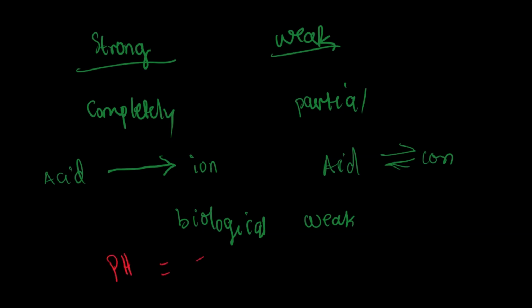So while pH gives us just an idea of the hydrogen ion concentration, the pKa lets us in on whether the acid is a strong acid or a weak acid. Now, how does this work?